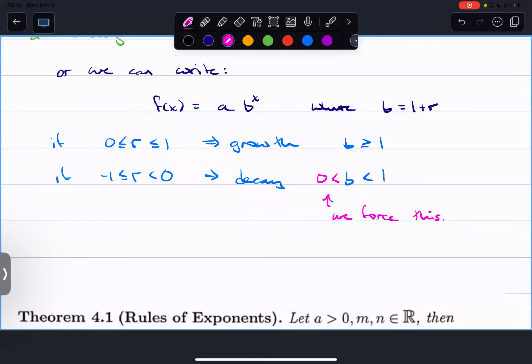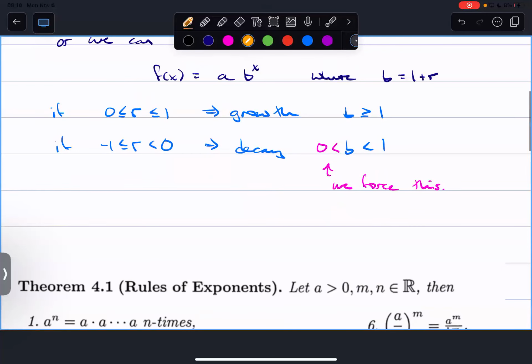And so what we're going to have is some base b, which is either going to be some decimal value, some small value less than 1 but greater than 0, or if it's greater than 1, then we have growth. If we have a b between 0 and 1, then in general the graph of this function is going to look like this.